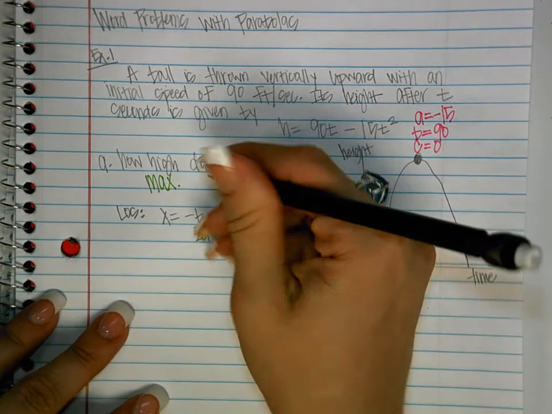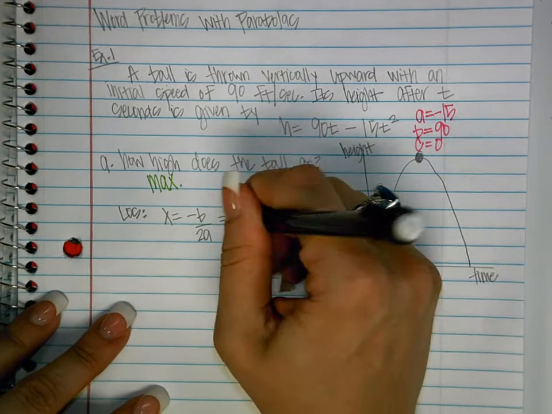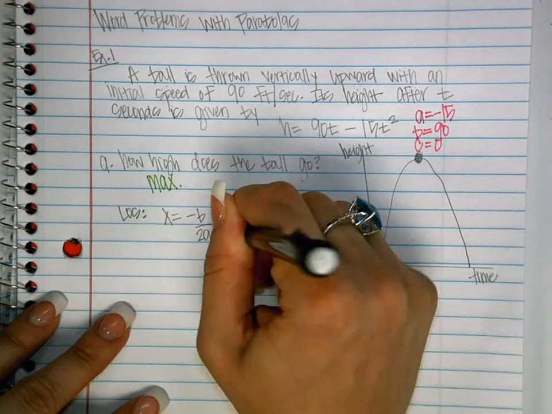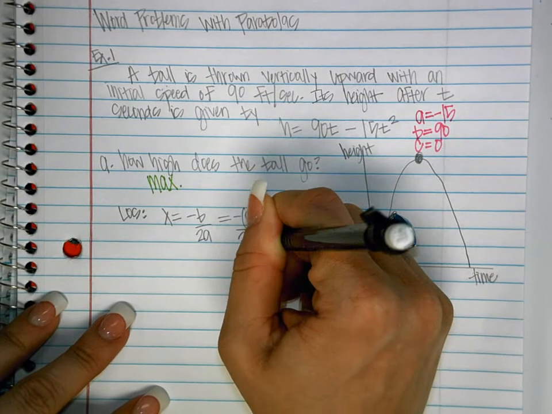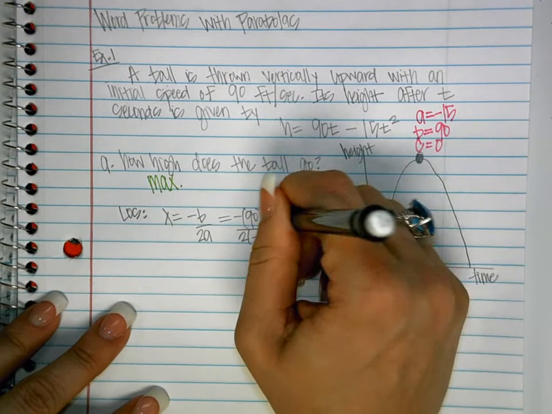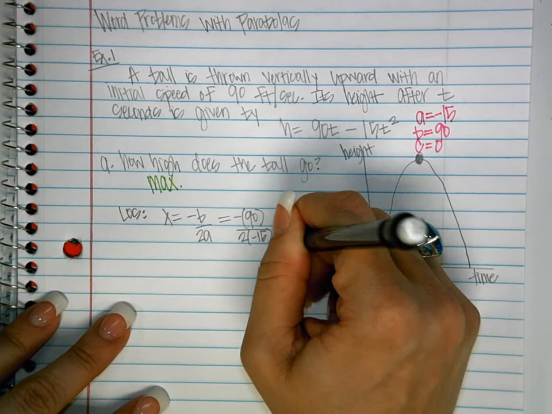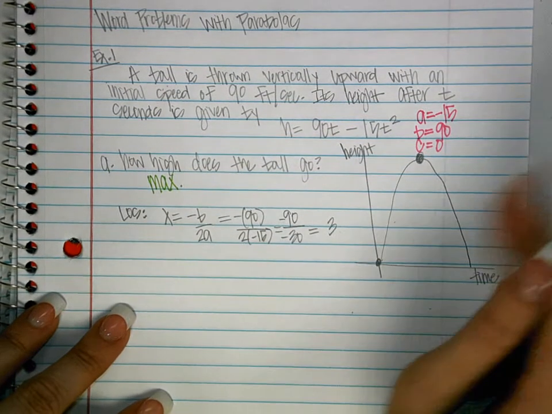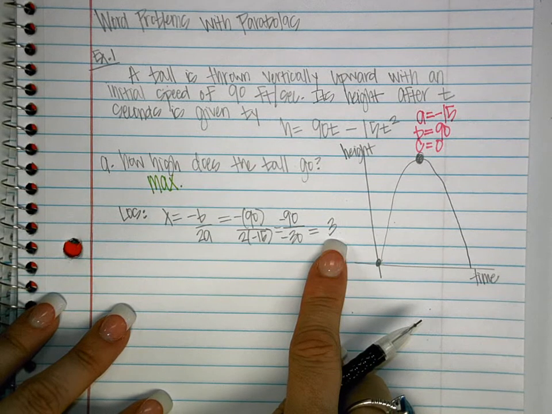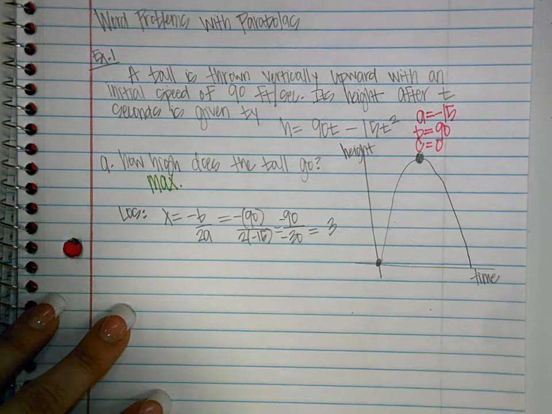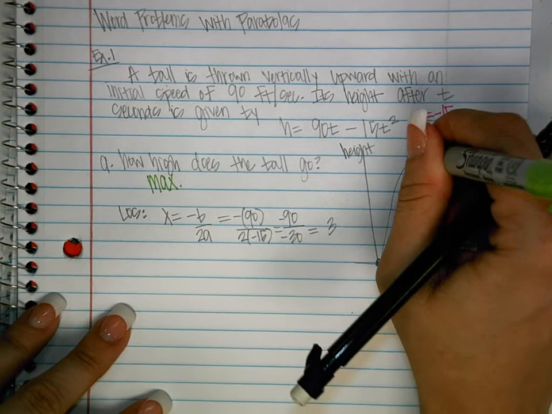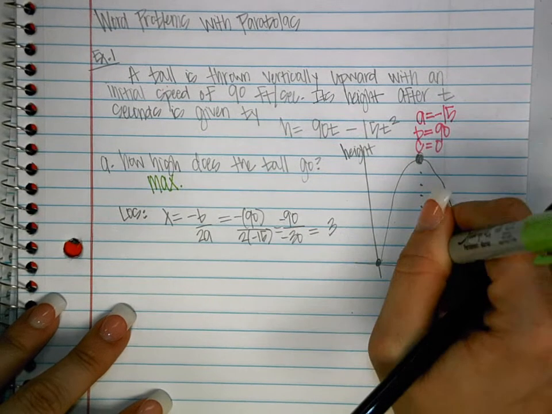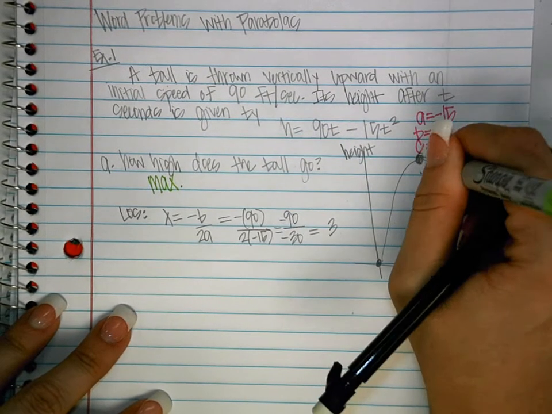Plugging in, we get negative 90 over 2 times negative 15, which is negative 90 over negative 30, so that equals a positive 3. My line of symmetry will be at x equals 3.